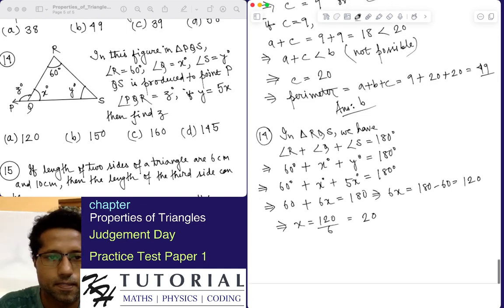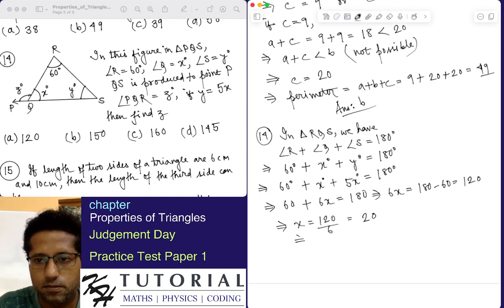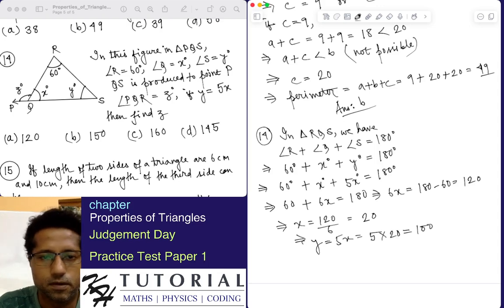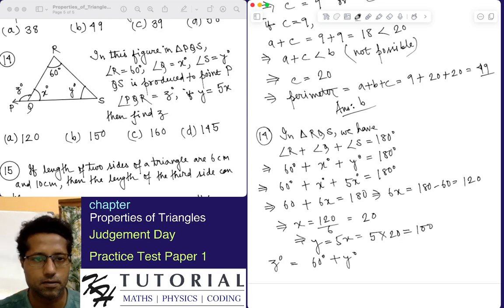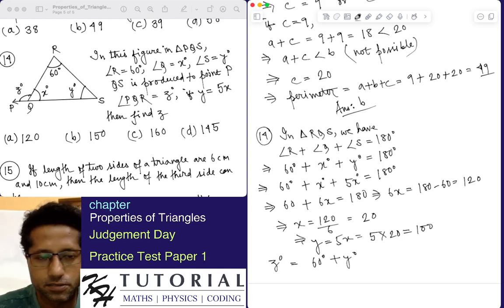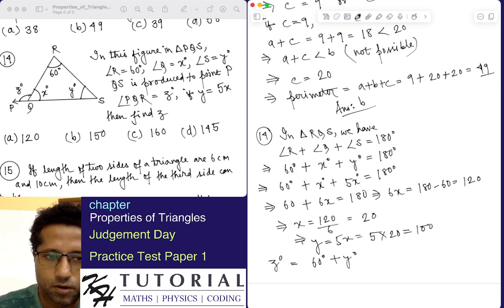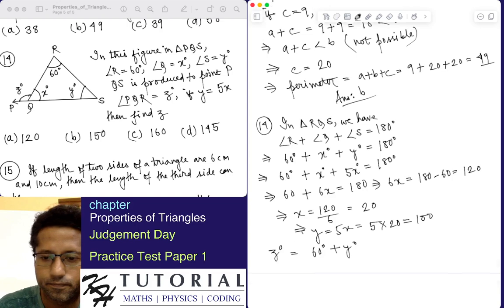Now y is equal to 5x, that is 5 into 20, 100. Now we know that z degrees is equal to 60 degrees plus y degrees, because z is an exterior angle and its two interior opposite angles are angle R and angle S, which are 60 degrees and y degrees.